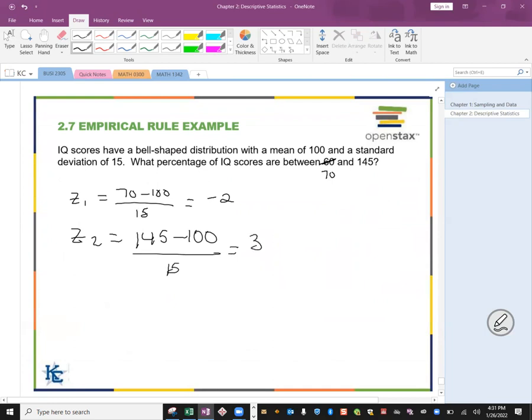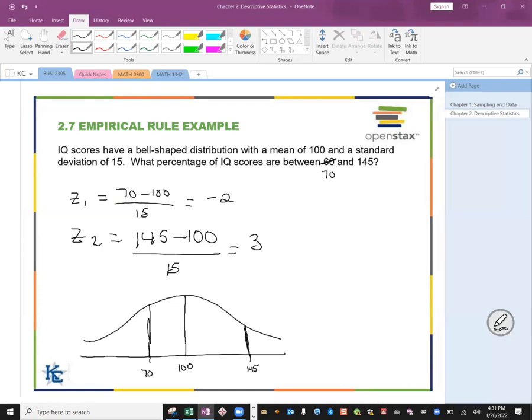So we get +3. So what has occurred here is we took a normal distribution where the mean was at 100, and we're looking at values at 70 and 145. And we want to know the percentage of values that fall between these two here. So by going to the z-score, what we've done is standardize this so that now we have 0, -2, and 3, which allows us to use the empirical rule.